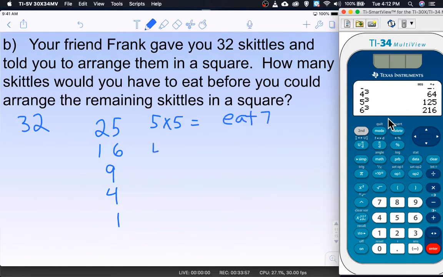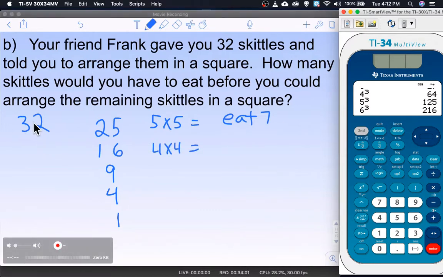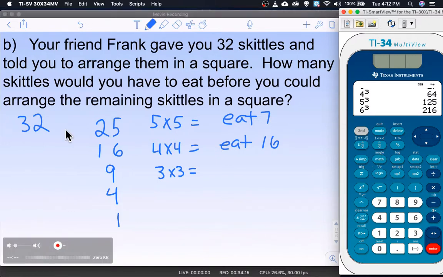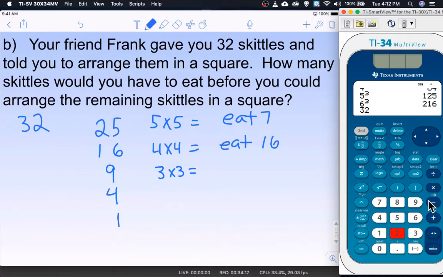To make a square that has 4 Skittles on each side, we have 4 by 4 is a 16. If he gave me 32 and I went down to 16, I would have to eat 16 of them. A 3 by 3 square would have 9. If I ate from 32 down to 9, I would have to eat 23 of them.